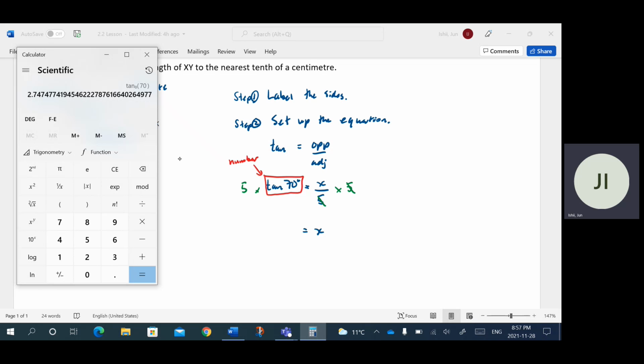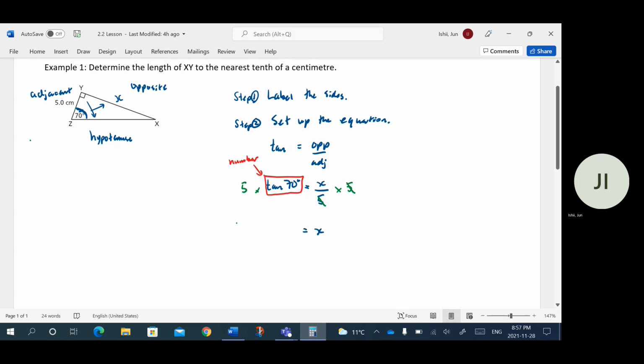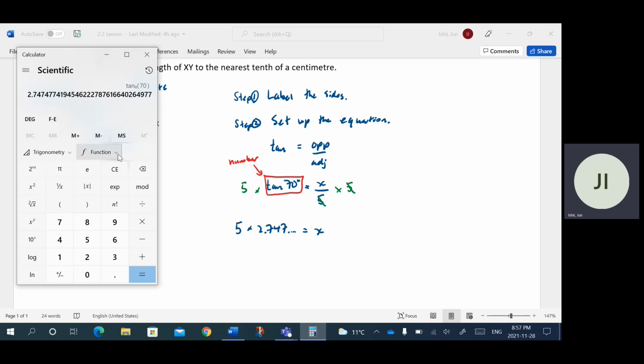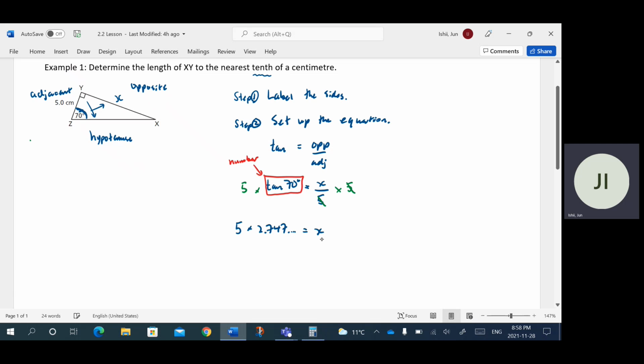So we'll write 5 times 2.747... Again, this number here is the tangent of 70 degrees, so I need to multiply it by 5. And x is going to equal 13.7, if I round to 1 decimal place, a tenth of a centimeter.